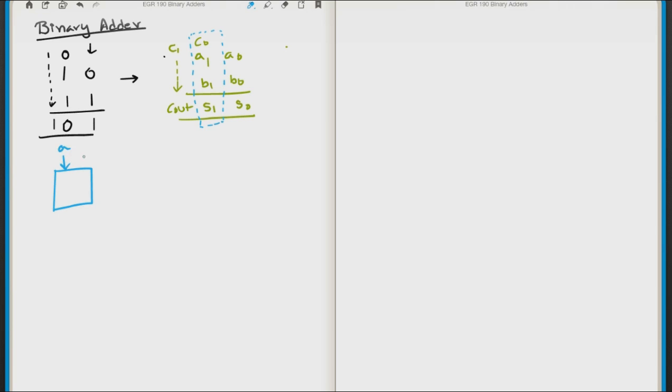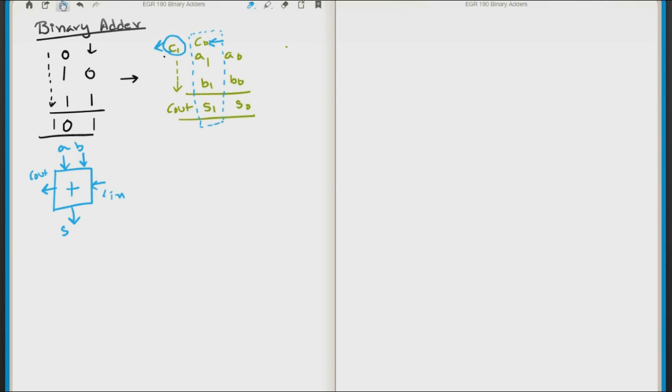My first input is A, the second is B, and my output coming down is the sum, S. There is another input coming from the previous stage, which I'm going to write as Cin, and there is an output generated carry for the next stage. I'm going to write it as Cout, and we'll call this addition. This is your fundamental binary adder.